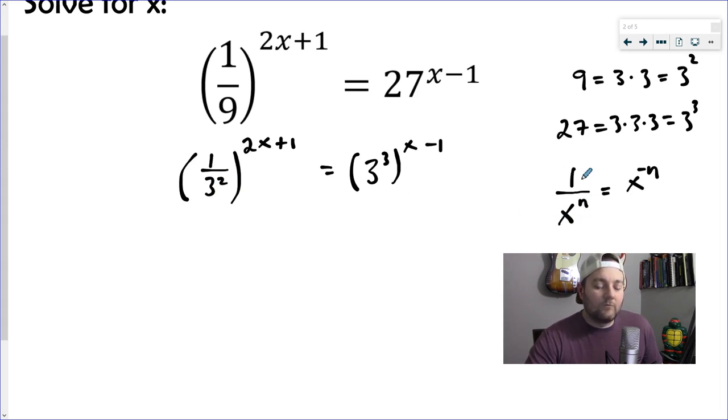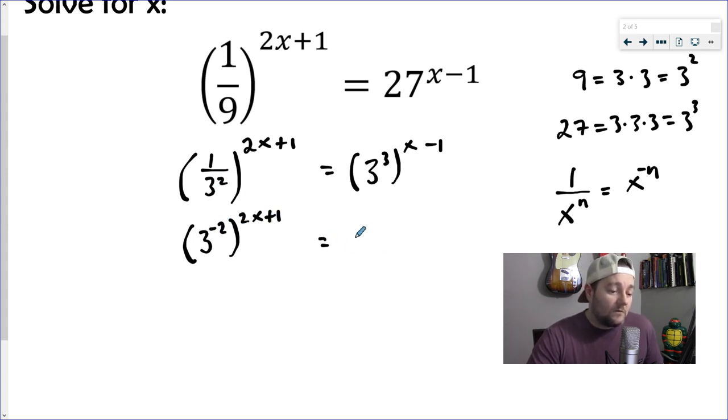If I want to get rid of the 1 over part, all I need to do is make my exponent negative, just like that. And I've eliminated that 1 over part. But these are still exactly the same. 1 over 3 squared is exactly the same as 3 to the negative 2. I end up with 2x plus 1. And then I have this again.